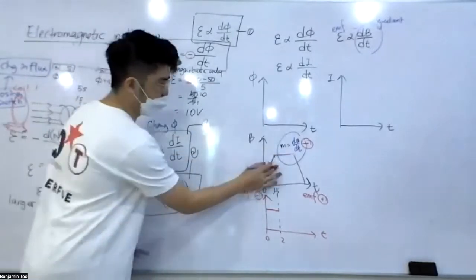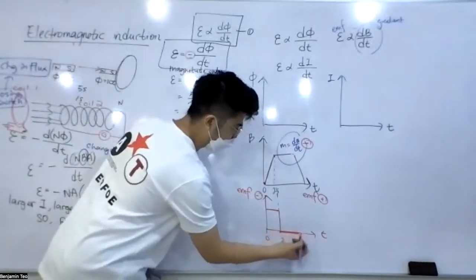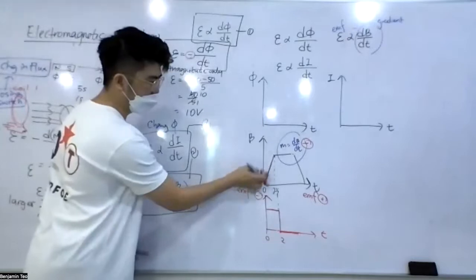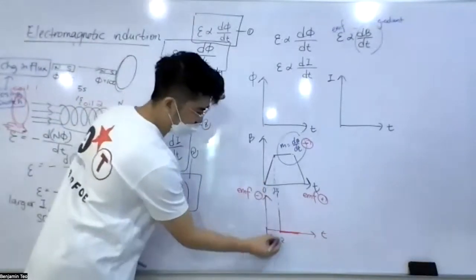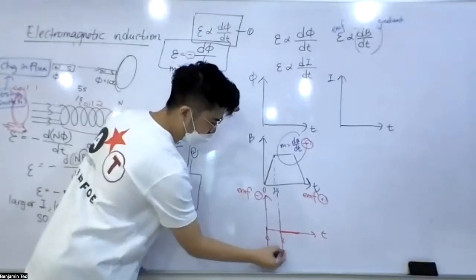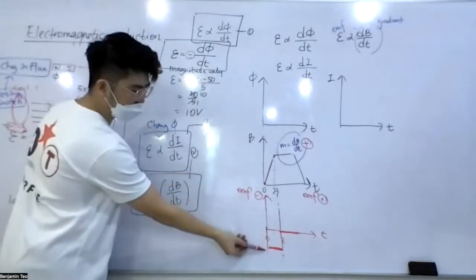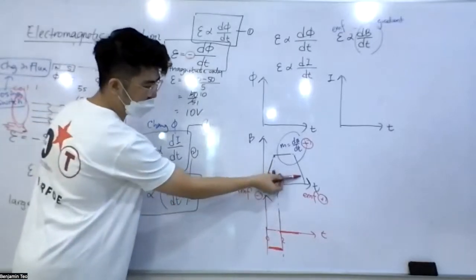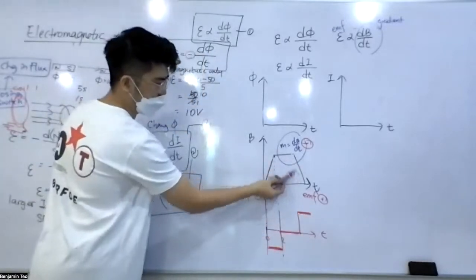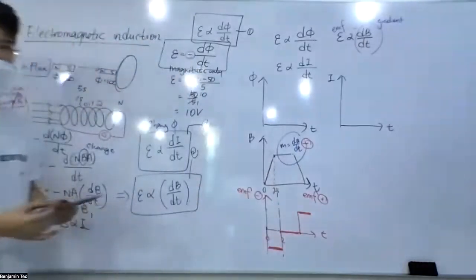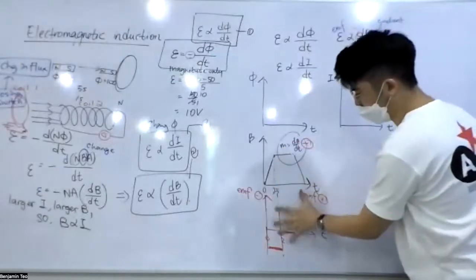So gradient of this is proportional to EMF. Now this is positive, right? So I can bring this down to negative constant. Positive gradient, negative EMF. Negative gradient, positive EMF. So that is your graph of EMF.